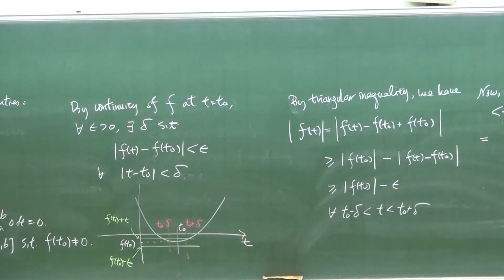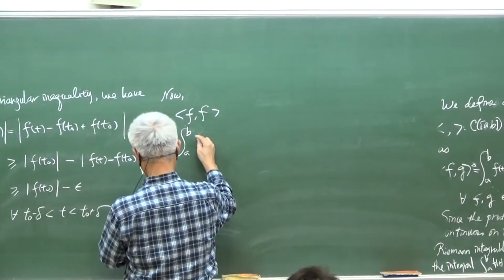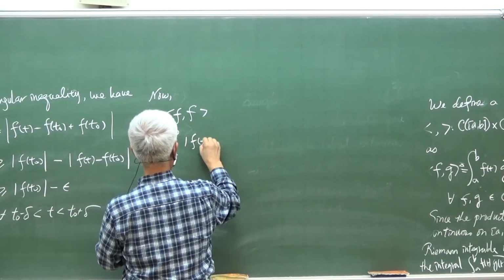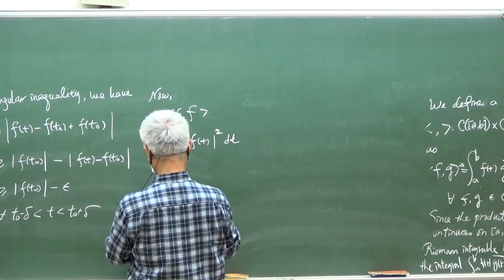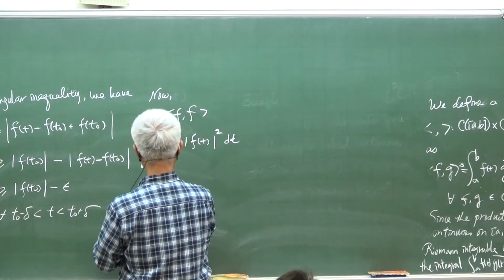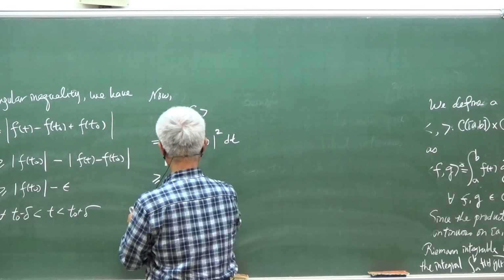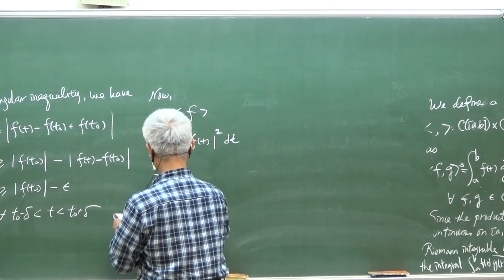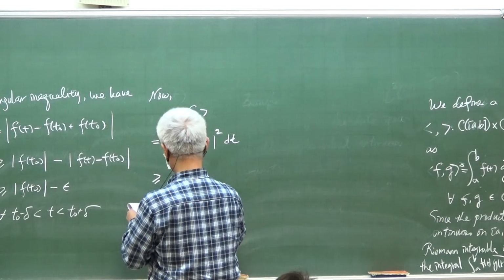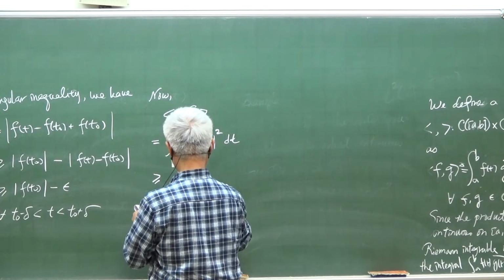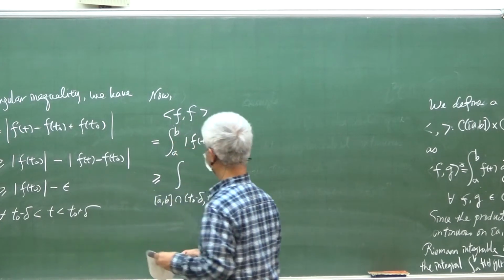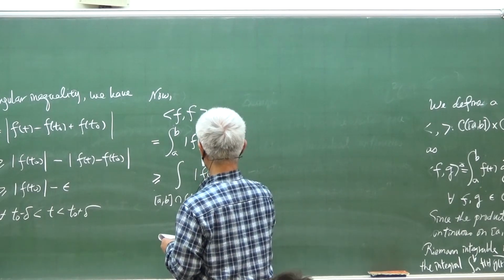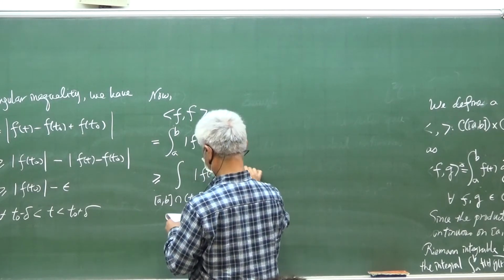Okay. So now, the inner product of f with itself is the integral from a to b of f of t squared. So this is greater than or equal to the integral over the intersection of [a, b] with (t0 minus delta, t0 plus delta) of f of t squared.